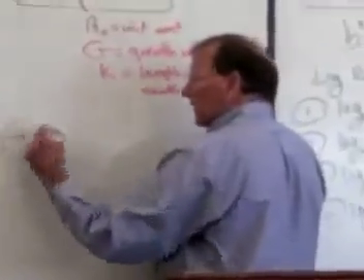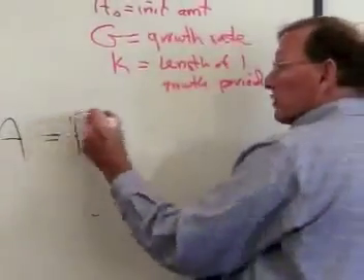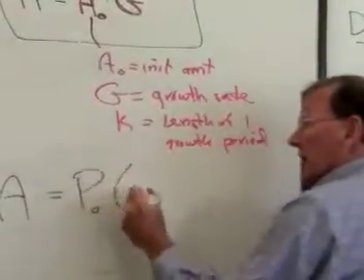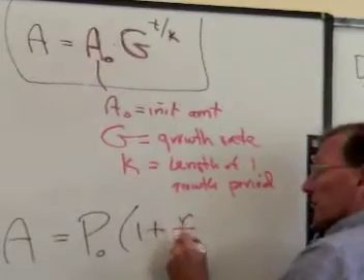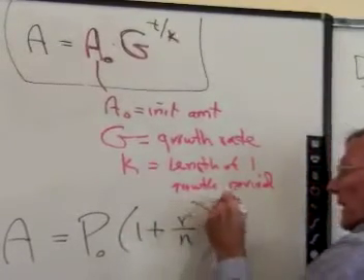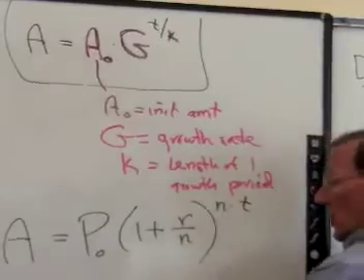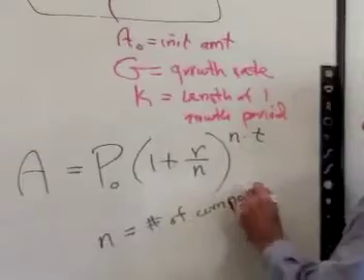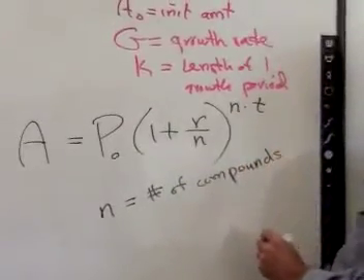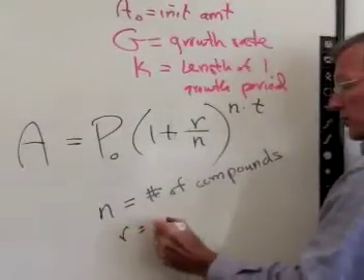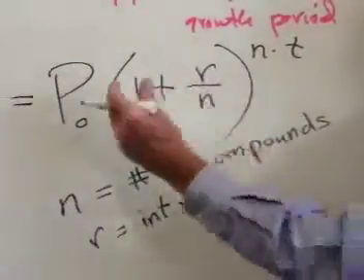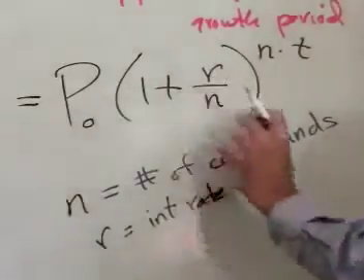They say the amount of money you have with compound interest is your initial principal, which is your initial amount, and then it's 1 plus your interest rate divided into n installments, raised to the power n times t, where n equals the number of compoundings per year, and r is your interest rate, not your growth rate.